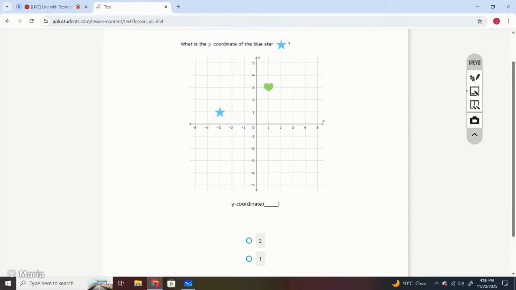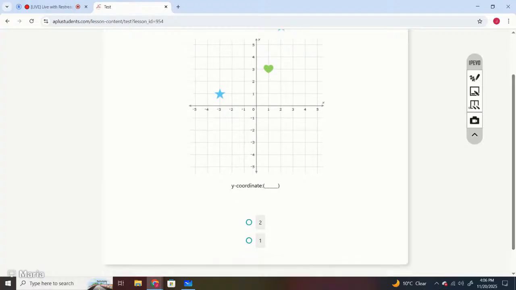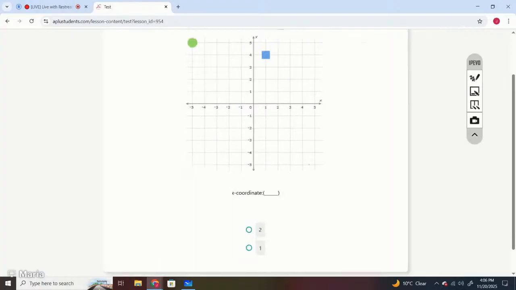What is the y coordinate of the blue star? Here is the blue star, the y coordinate is 1. Option number 2 is the correct option.